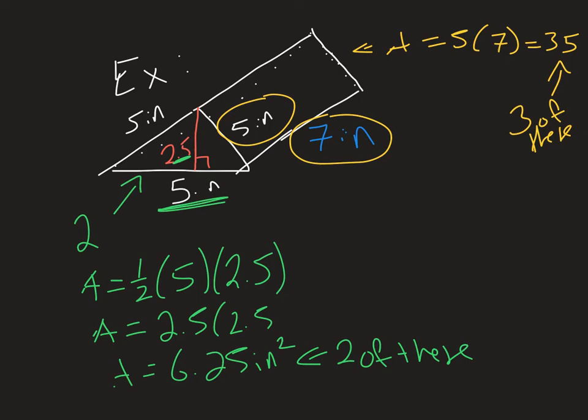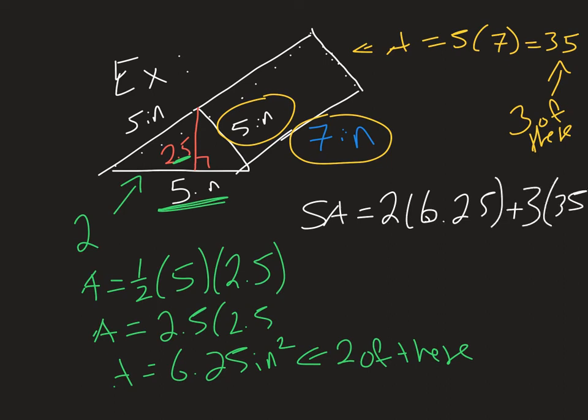So ultimately, our surface area is going to be 2 times 6.25 plus 3 times 35. Because we have 3 rectangles, that's where the 3 times 35 comes from, and we have 2 triangles that are each 6.25 square inches in area.